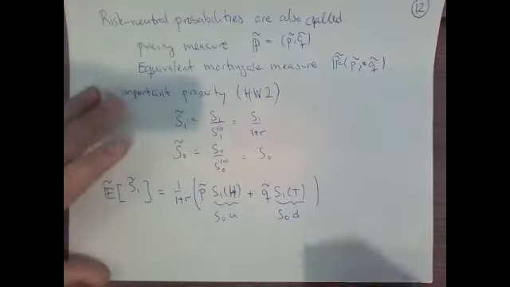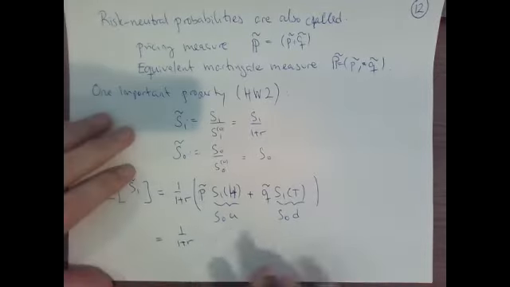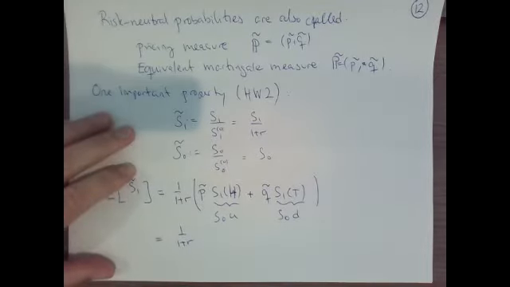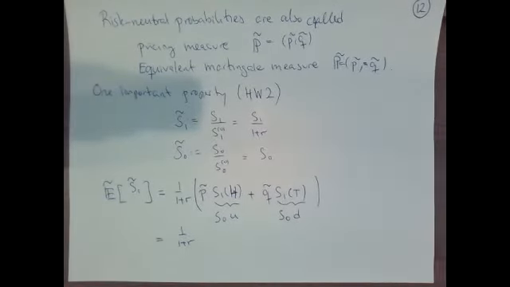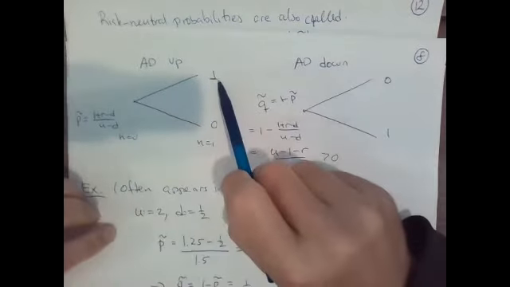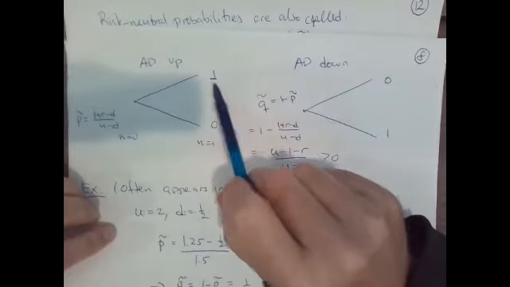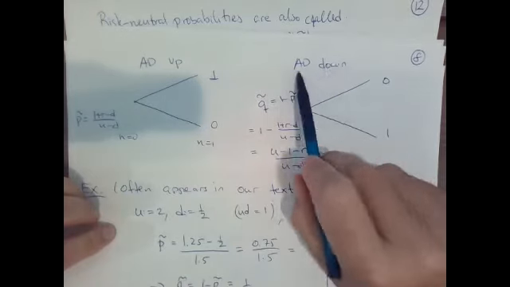Now I can work out what this is. I can write this as 1 over 1 plus R, and then plug in what P tilde is. We need to remember the formula for P tilde that we derived; we have it on this slide. We had computed the value at time 0 for the AD up and for the AD down.